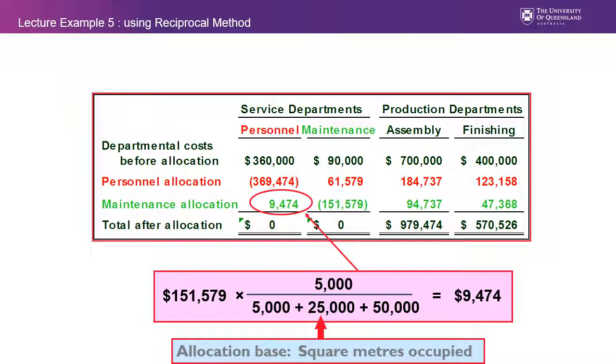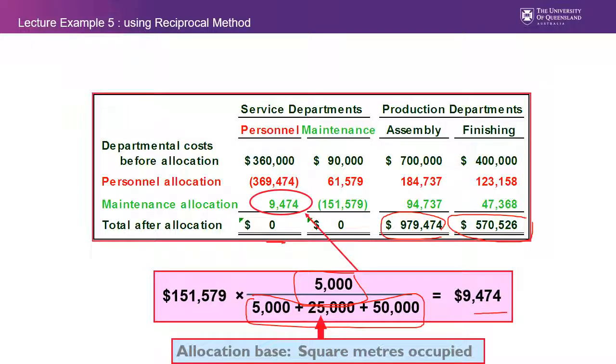We know that this total is allocated across maintenance, assembly and finishing, using the amounts of square meters in each of those departments. We can allocate that 9,474, which has already been taken out and allocated across, and we end up with slightly different figures yet again in our production departments.